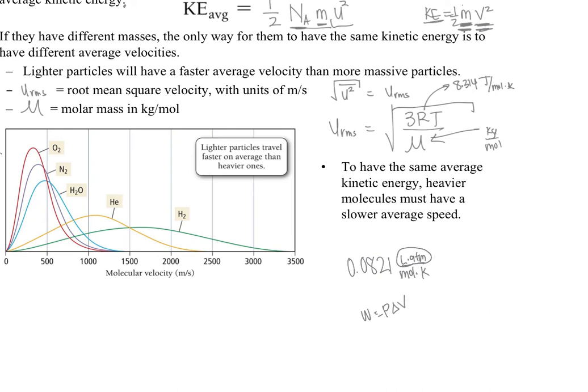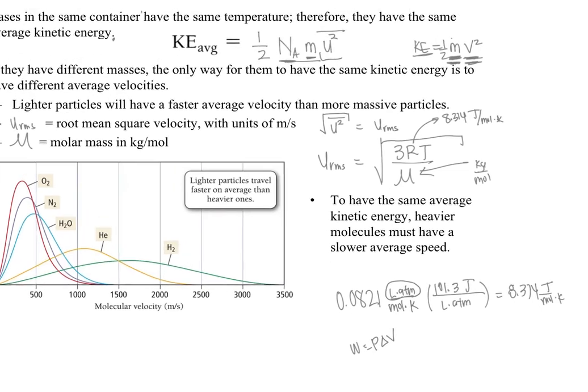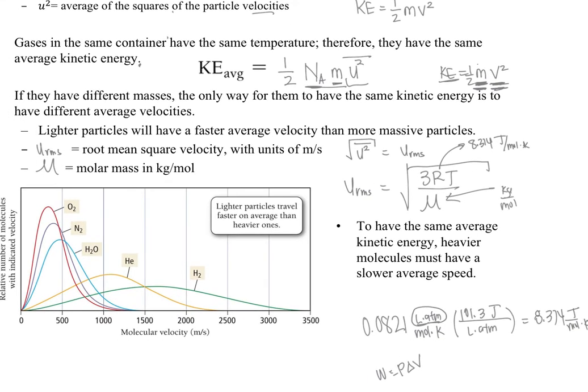If I want to go from work in liter atmospheres into joules, I multiply by 101.3 joules in a liter atmosphere. That ends up giving me 8.314 joules per mole Kelvin. So again, same one. We just want to make sure that we're in the right energy units here. That's why we're in kilograms, because a joule involves a kilogram. And then the units will be meters per second.